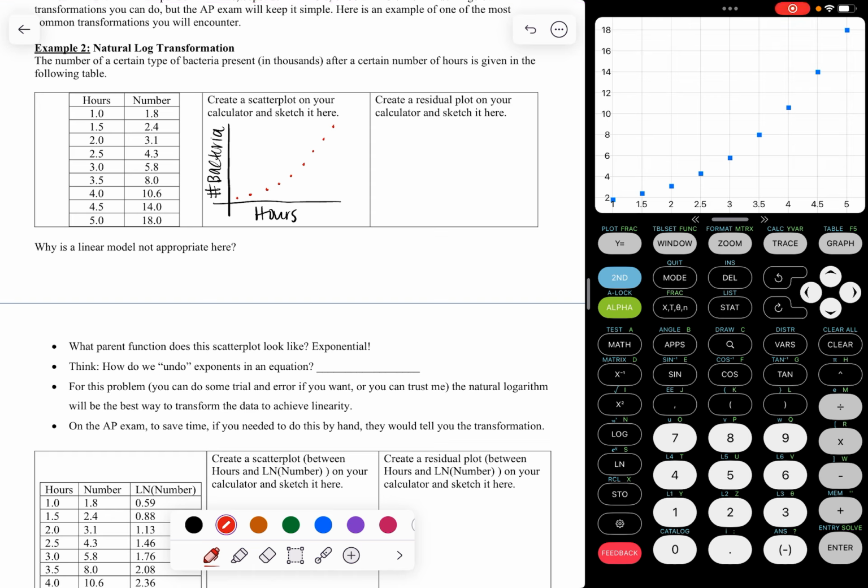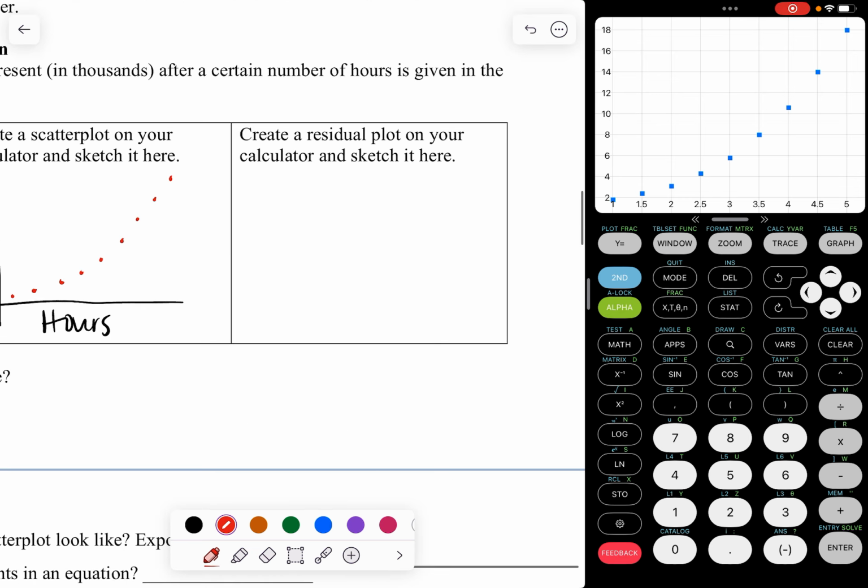But if you wanted to create a residual plot, the first thing I want you to make note of is you must run linear regression first. Otherwise, your calculator will not run the correct line because it's just going to use whatever the last thing you ran a linear regression on is. That's all it knows. So you have to tell it what the predicted line is in order for it to do the residual.